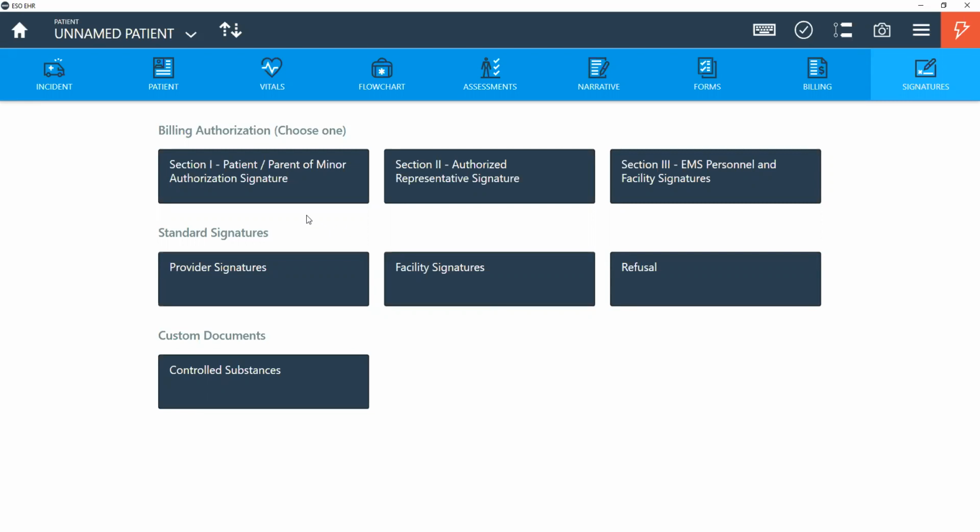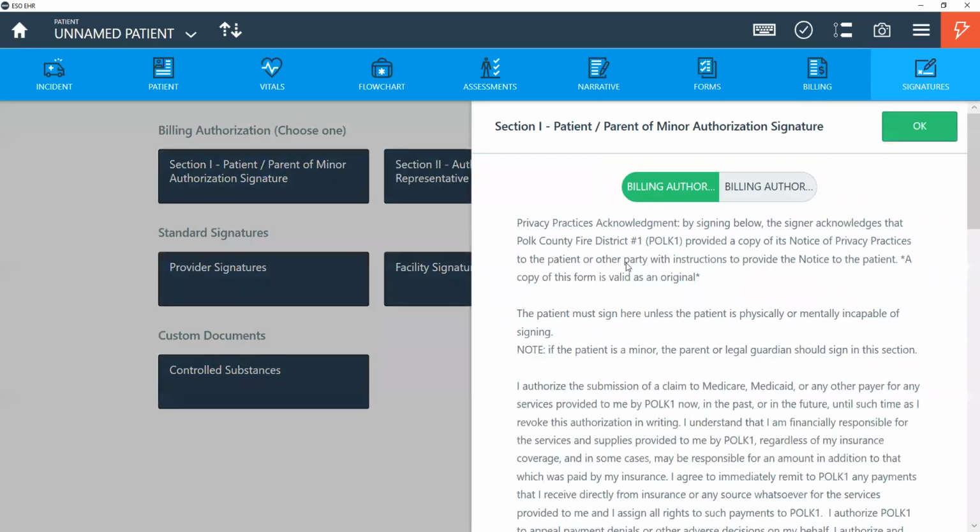And so we always prefer signature one. Signature one is always the best, and that signature is directly from the patient or directly from the patient's parent if they're a minor, and only if they're a minor, right? And that signature allows us to bill that patient.